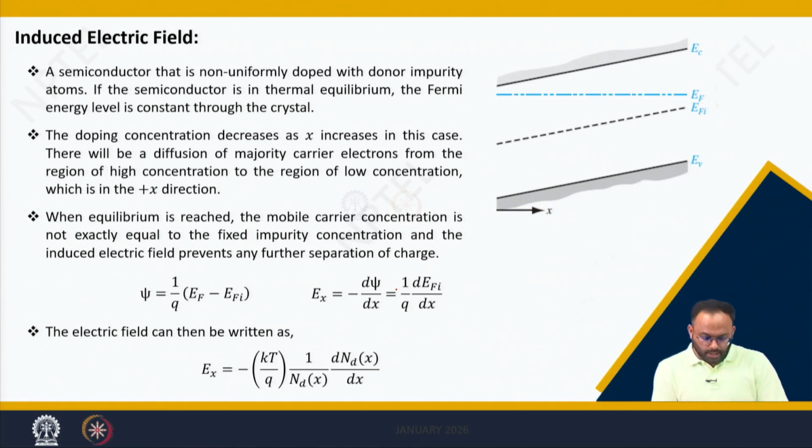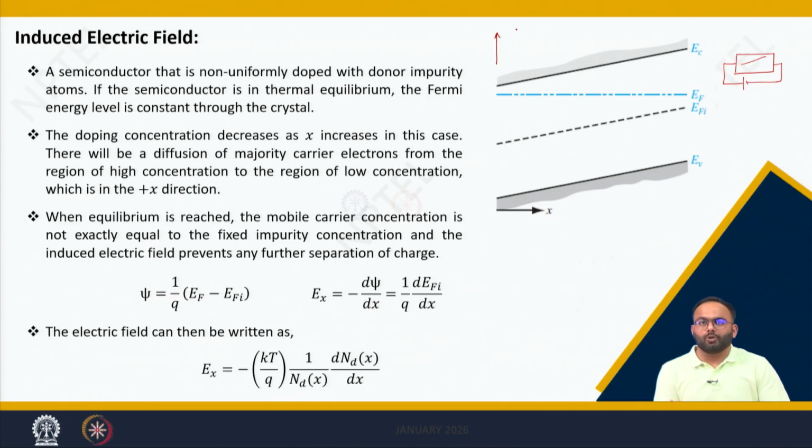Let us consider you have applied an electric field in the specimen having a non-uniform doping. It means if the doping is non-uniform, how does the electric field change in the semiconductor? So if you apply the voltage, this is nothing but the electron potential energy.